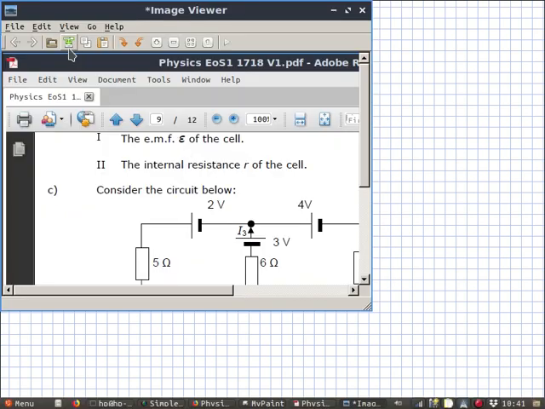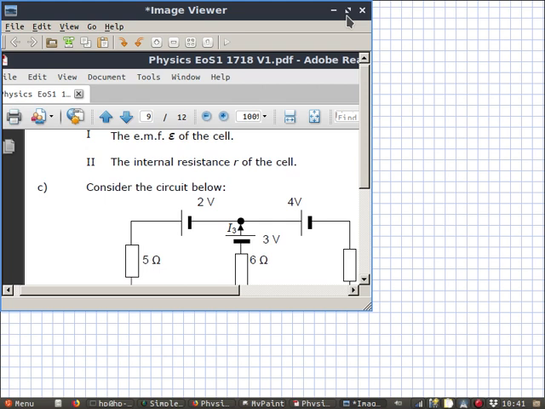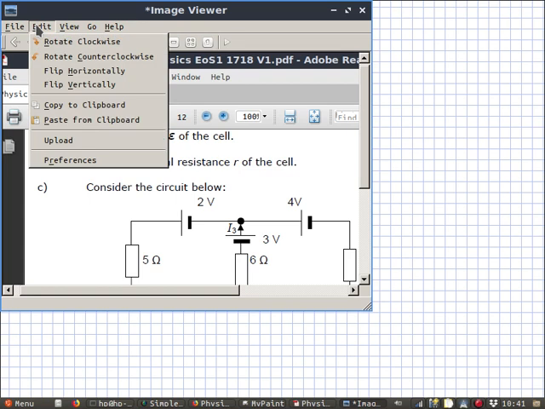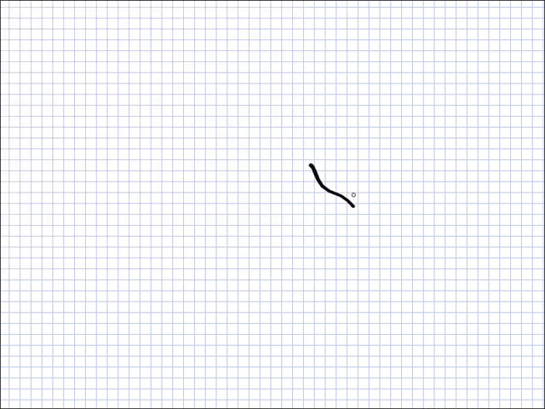I think you click paste from clipboard. Oh yeah, for some reason that did it. Not this time. Copy, and then paste. I don't know.